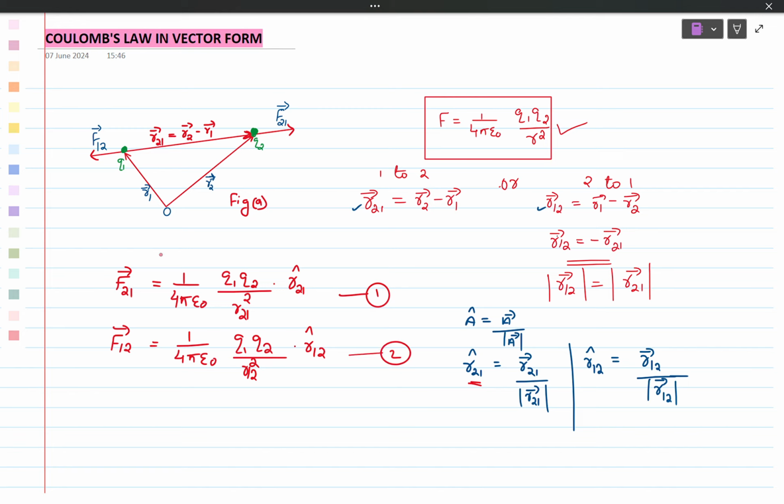Here we expressed Coulomb's law in vector form as vector F21 equal to 1 by 4 pi epsilon 0 Q1 Q2 by r21 square into r21 cap, and F12 is 1 by 4 pi epsilon 0 Q1 Q2 by r12 square into r12 cap. And these two equations are valid for any sign of Q1 and Q2. Q1 and Q2 can be both positive, both negative, or of opposite signs.